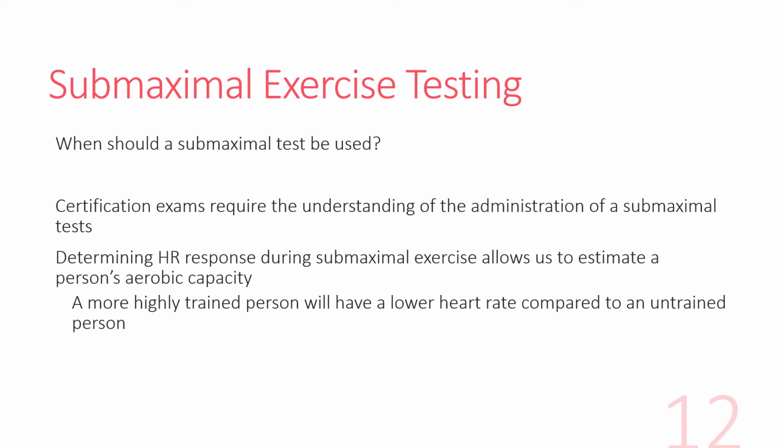They can also be shorter or quicker in nature. If you're a personal trainer, for example, working one-on-one with somebody, you don't have to spend the whole session just doing one test. With the submaximal test, you're able to get a fairly decent estimate, and then you still have plenty of time to do whatever else you need to do for that given day.